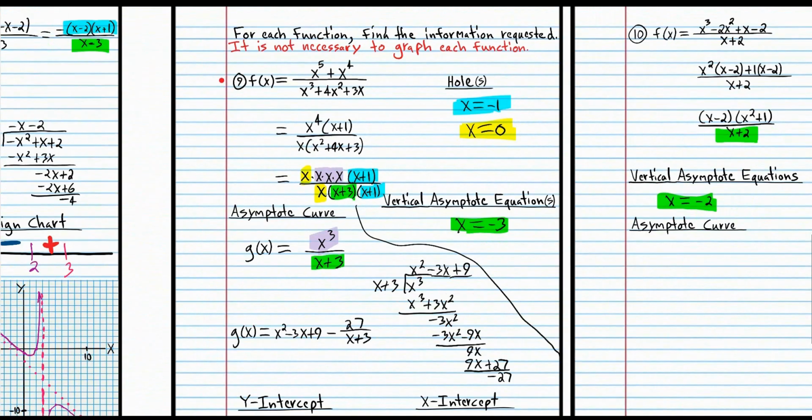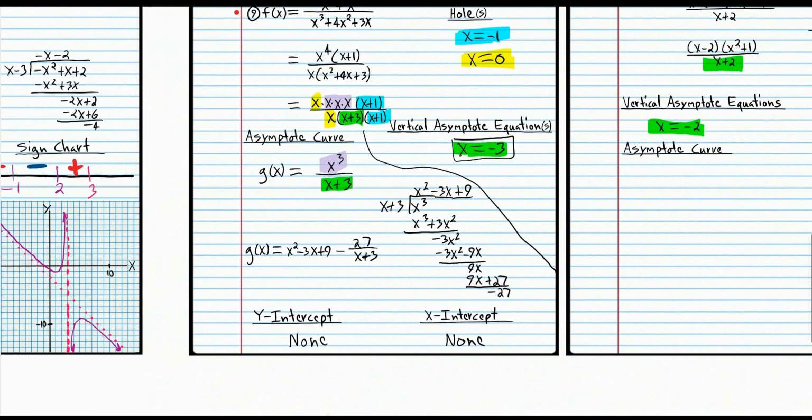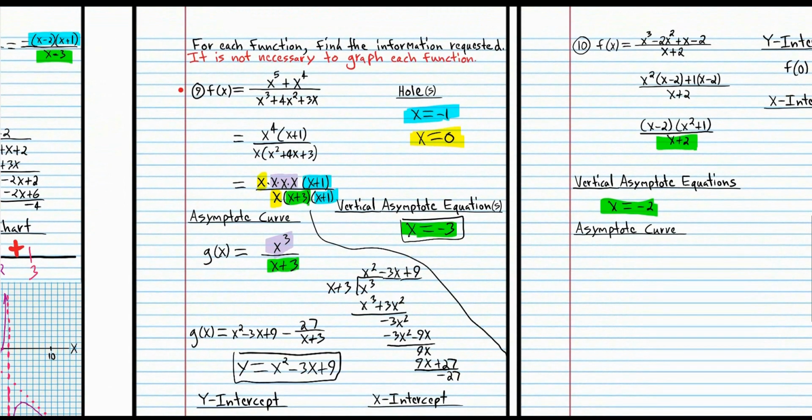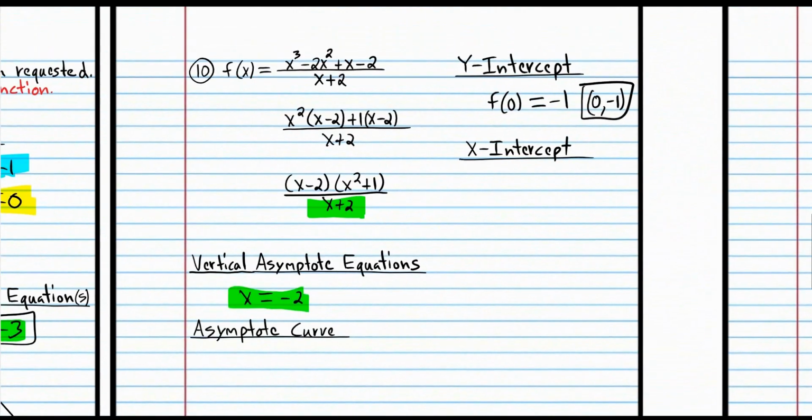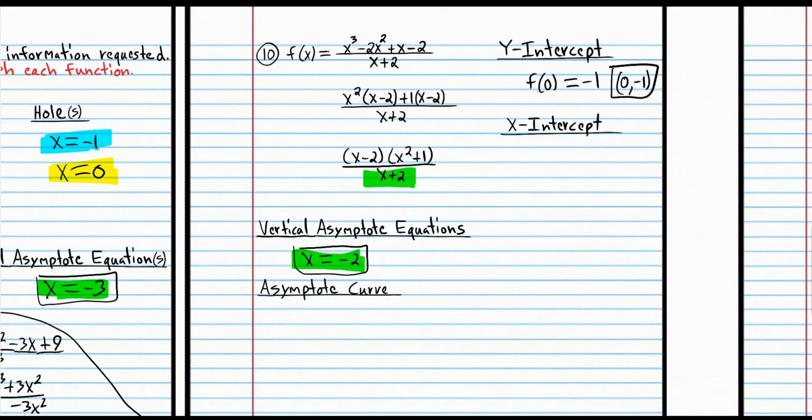And I forgot to rectangle these. I forgot to write the equation of the asymptote curve. Now we have an x-intercept if x is equal to 2.